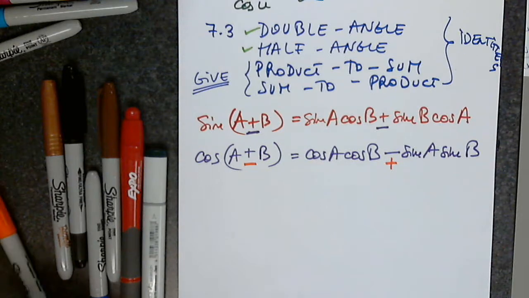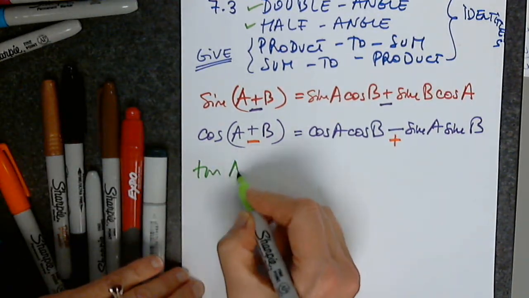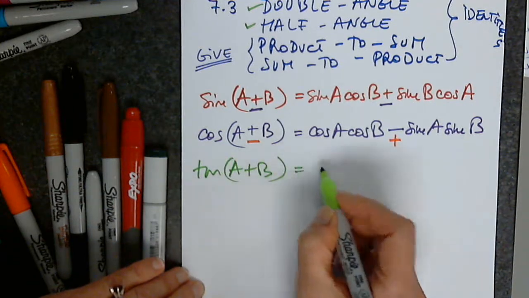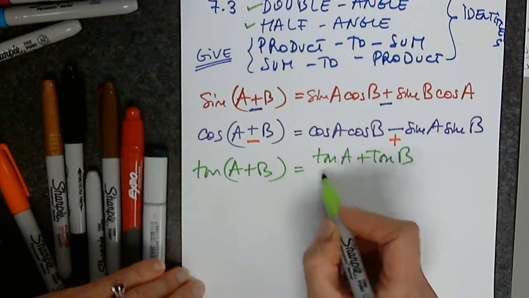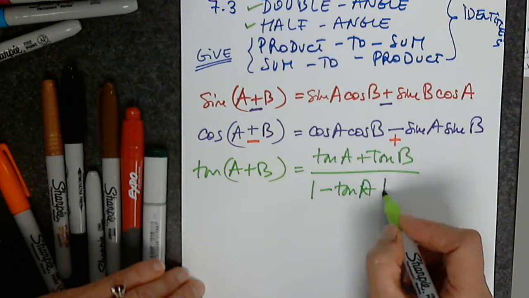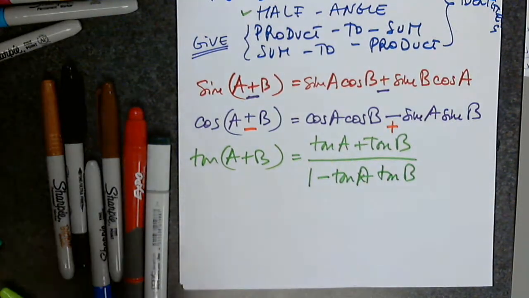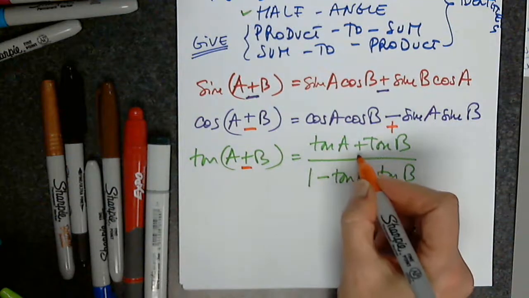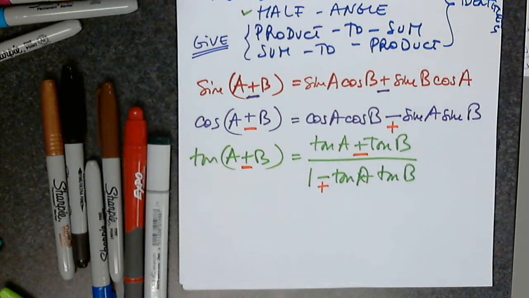And the last formula is that for the tangent. Tangent (A plus B) is tangent A plus tangent B over 1 minus the product, tangent A times tangent B. And if we have the difference of the angles, then it's the difference at the top and the sum in the denominator. So the top goes with what we have. The denominator is the opposite.